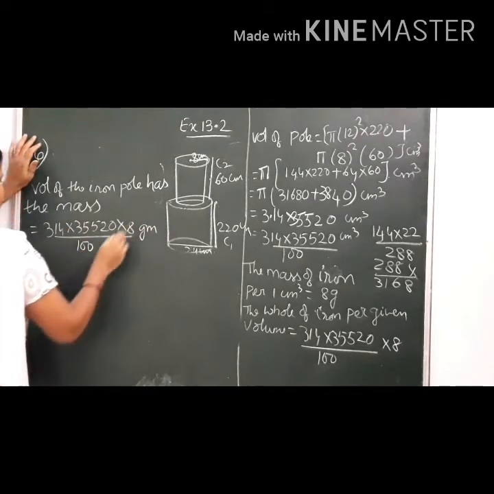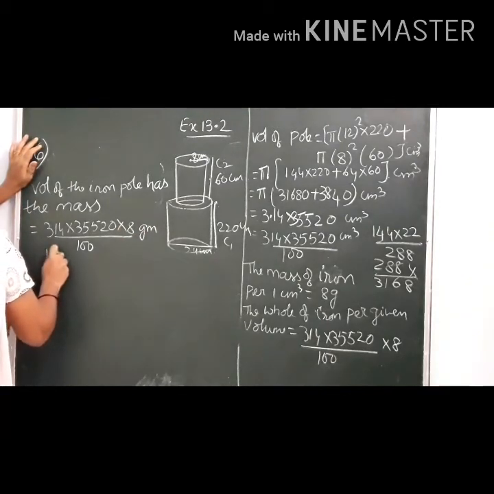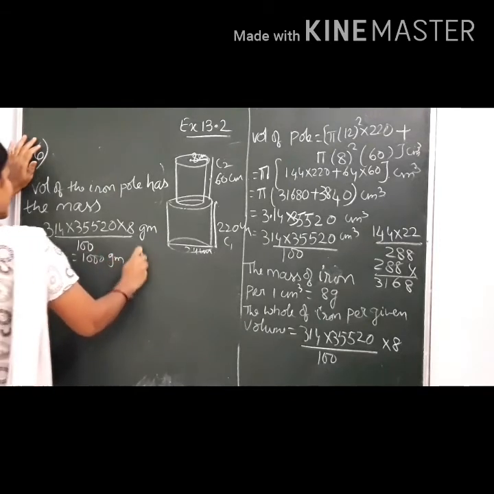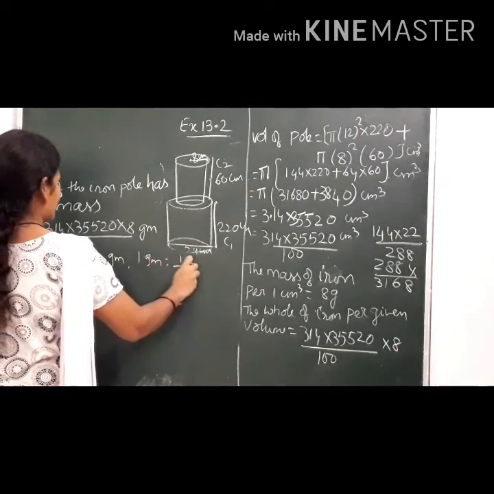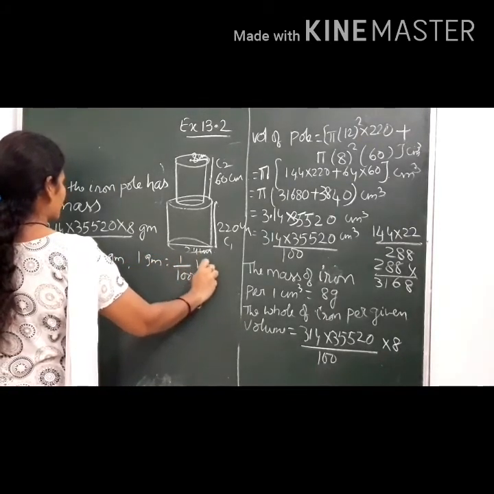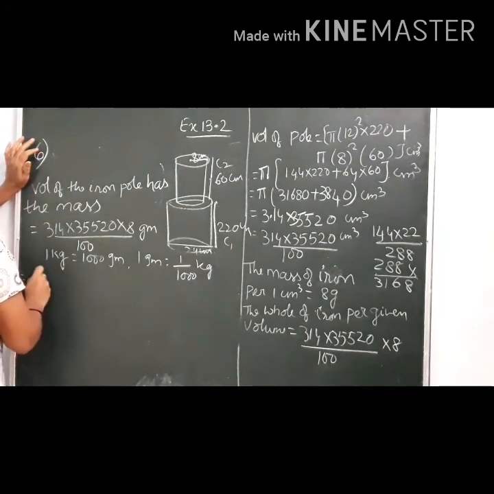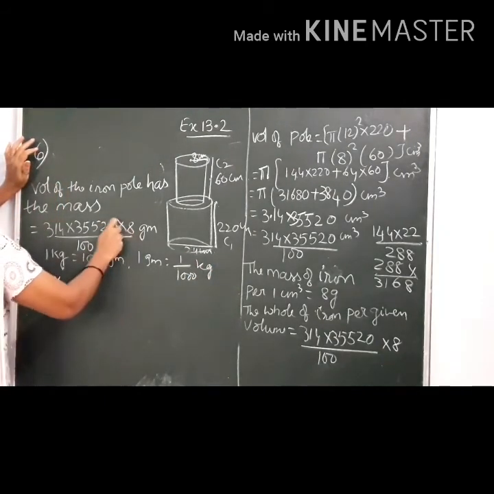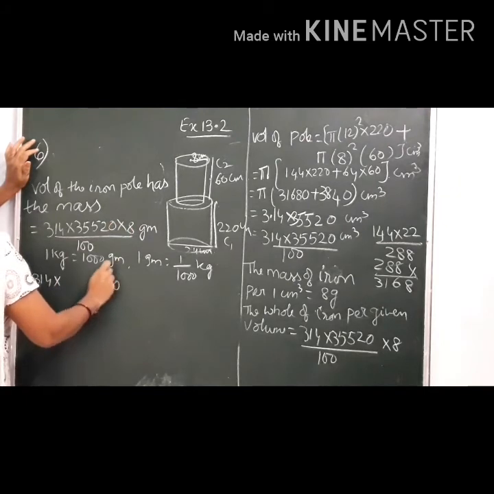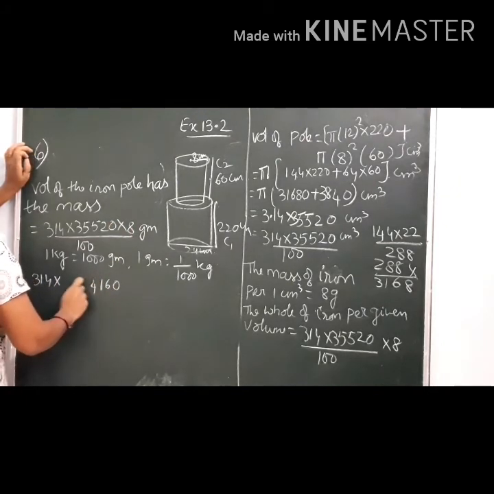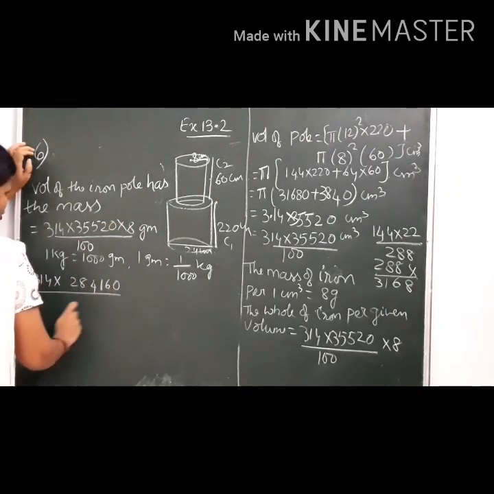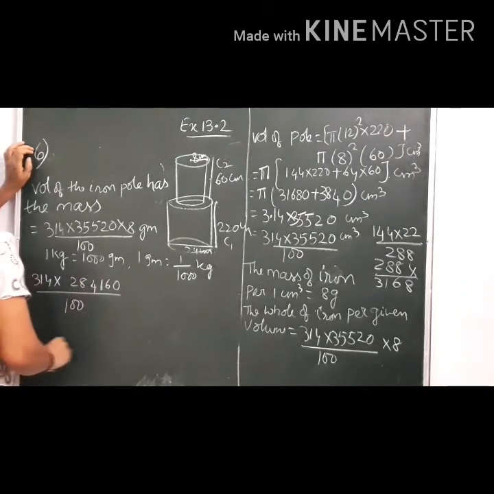Next we can convert into kilograms. 1 kilogram is equal to 1000 grams. So 1 gram is equal to 1 by 1000 kilograms. So we have to divide this by 1000.